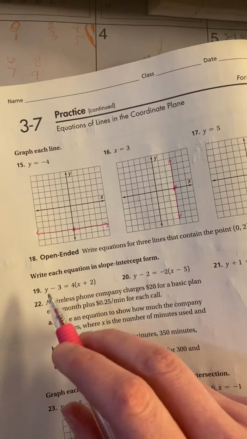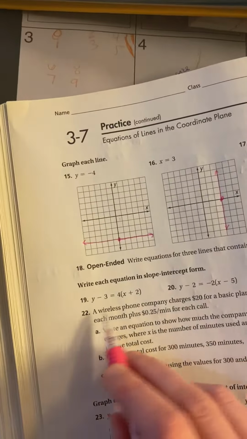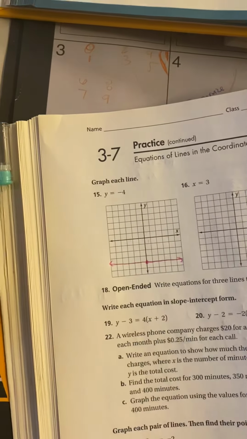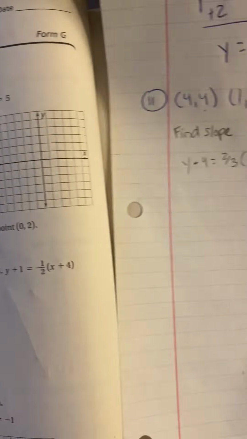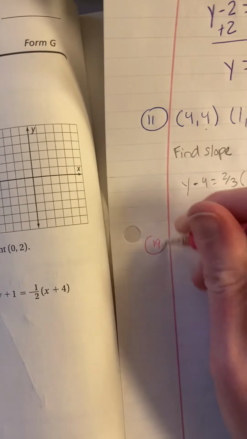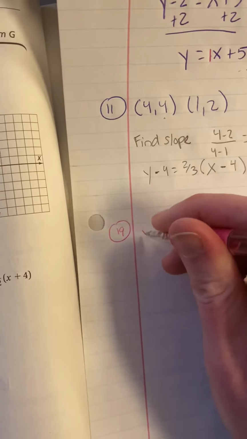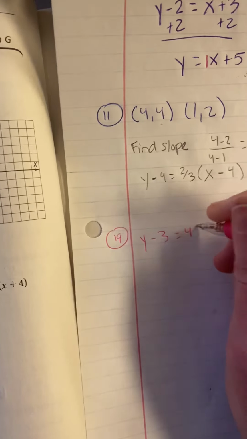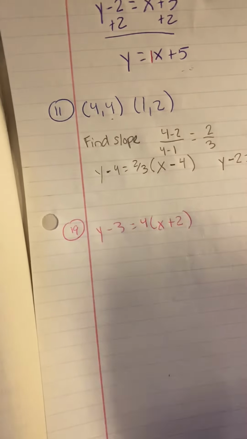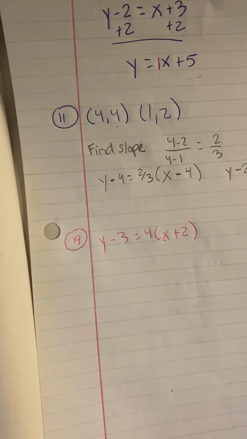Okay, so write each equation in slope-intercept form. So I'm changing from point slope to slope-intercept. If I look at number 19, I have y minus 3 equals 4 times x plus 2. And I want to write that in slope-intercept form.